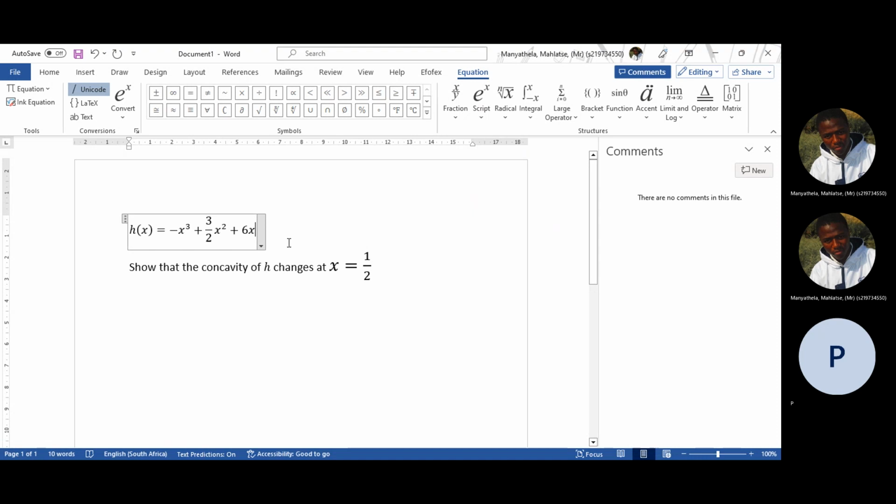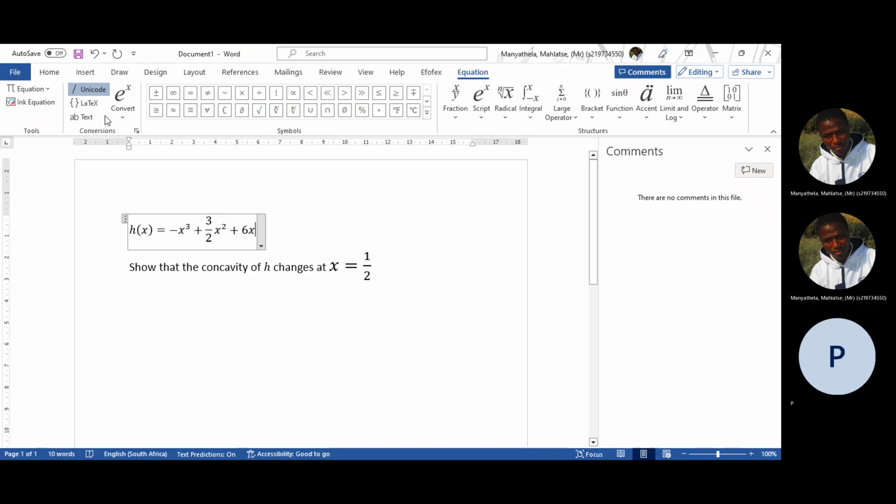So they're saying determine the concavity. When you're determining the concavity of a function, you're going to find the derivative of the derivative, meaning that the first step you're going to derive this function. After deriving it, you derive it for the second time, and then you take the second derivative, you equate it to 0.